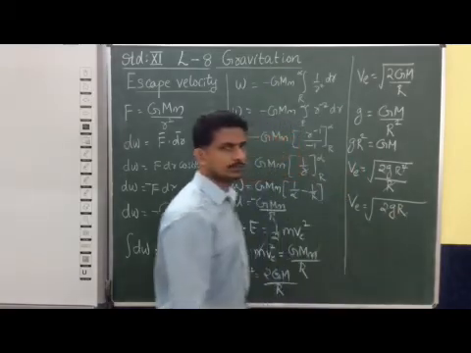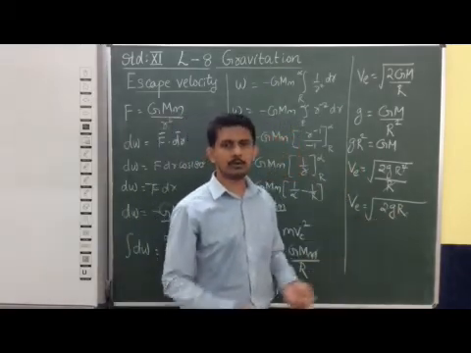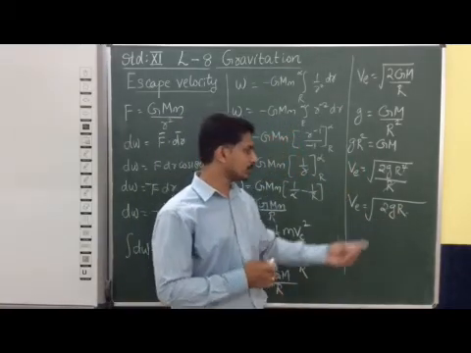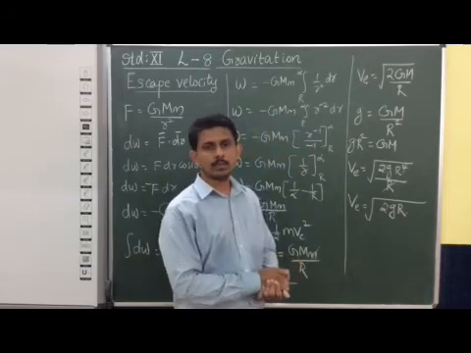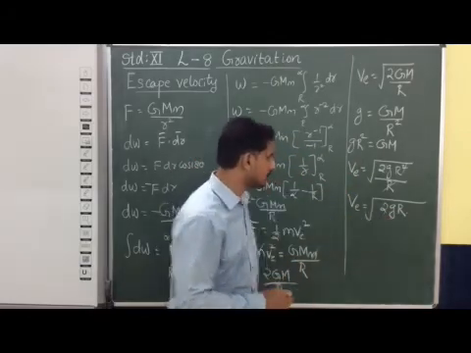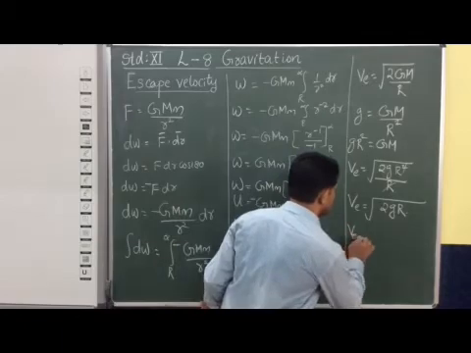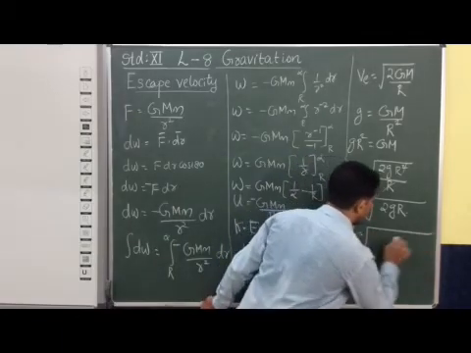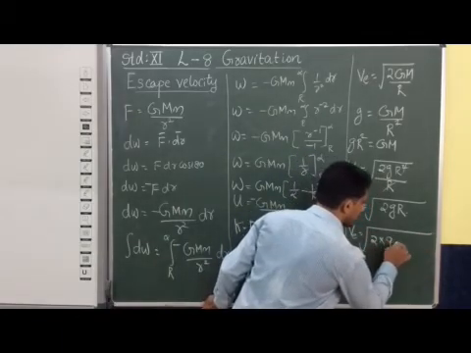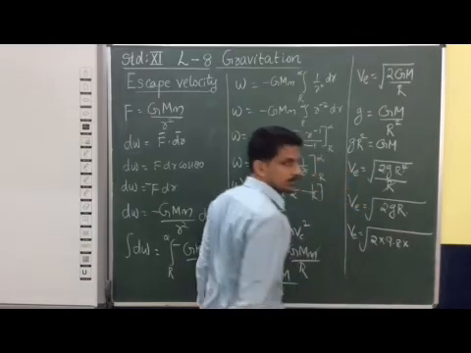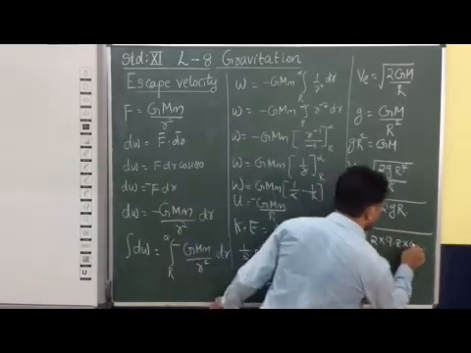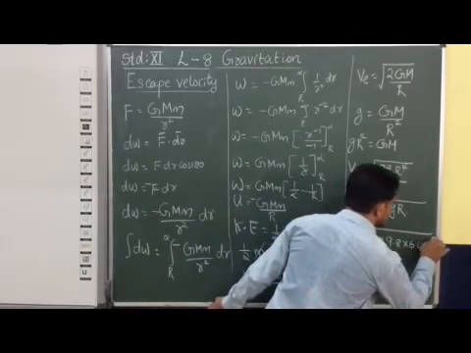So this is the expression for escape velocity of an object in order to escape from the surface of the earth. If we substitute these values, v is equal to under root of 2 into 9.8 into the radius of the earth, 6.4 into 10 raised to 6 meter.